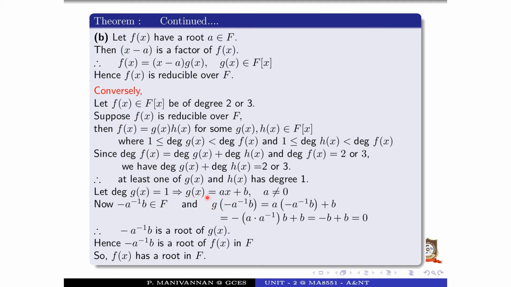Putting this value in for x, we get g(minus a inverse b) equal to a into minus a inverse b. The a inverse cancels, so it is minus b plus b, equal to 0. Therefore, g of this value is equal to 0, so this value is a root of g(x).